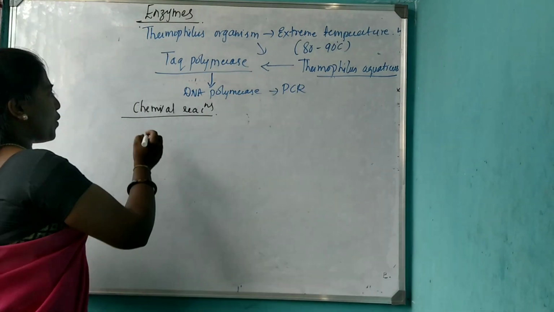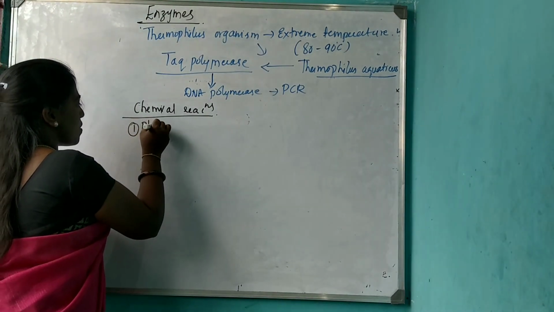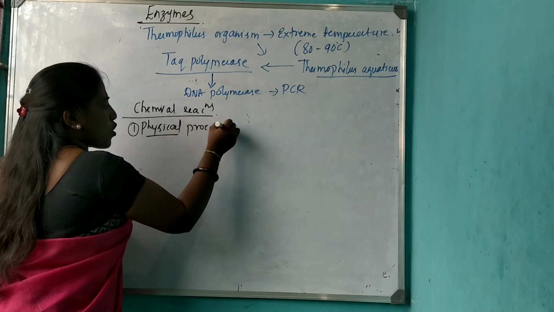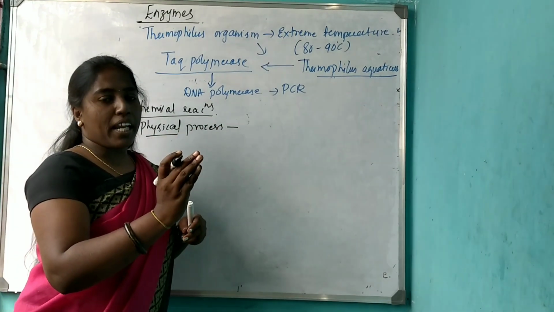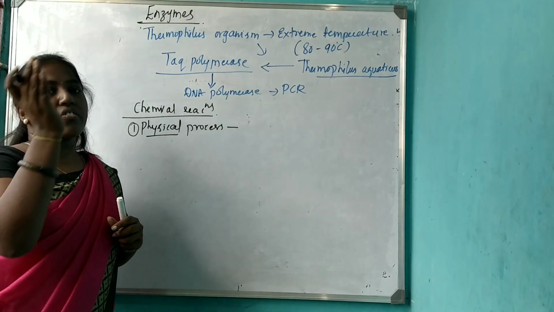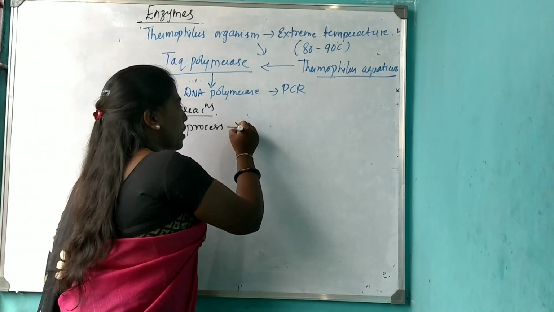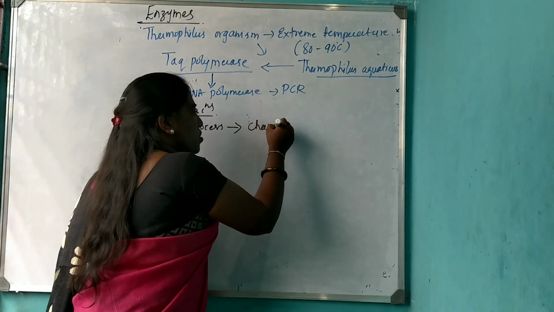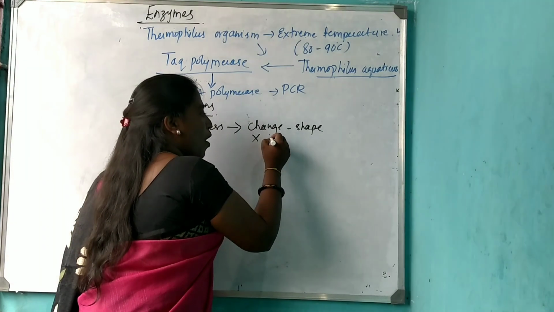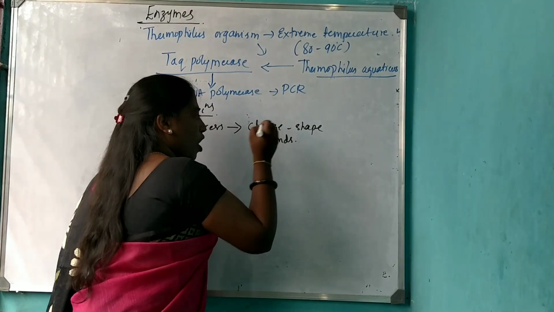When you consider a physical process, there is no breakdown of bonds. There is only a change in the shape. The change in shape takes place, but there is no breakdown of bonds.